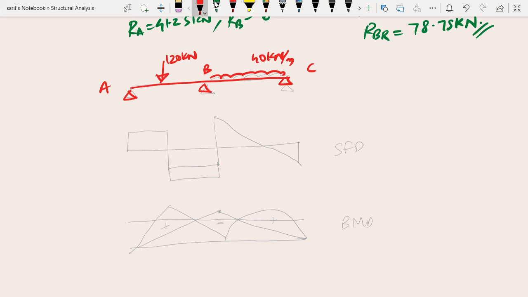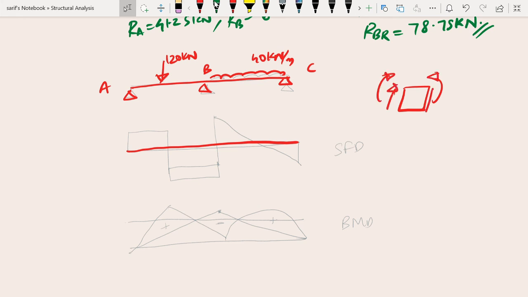To draw the shear force diagram, the magnitude of shear here is 41.25. The sign convention is like this: sagging is assumed as positive and clockwise shear is assumed as positive.